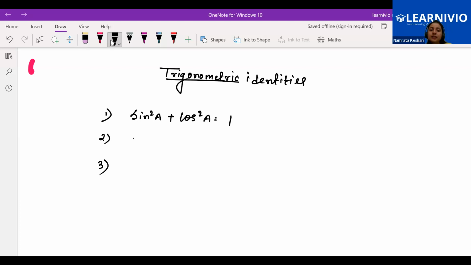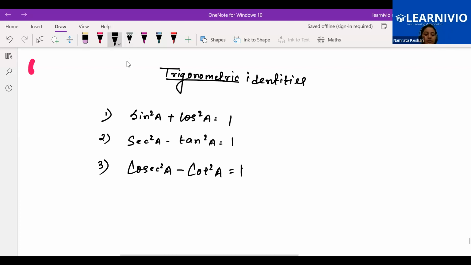Who will say the second? Sec square A minus tan square A equals 1. Perfect. And the next one is cosec square A minus cot square A equals to 1. Yes or no?